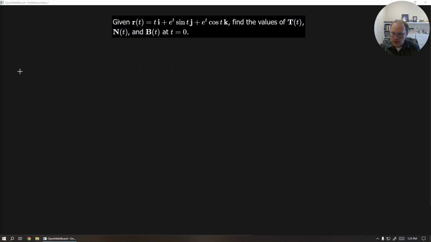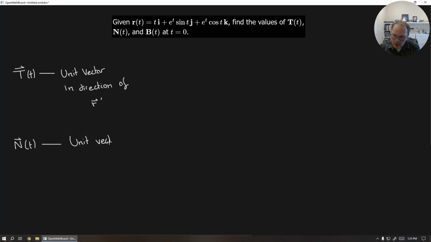Okay? So remember, the unit tangent is the unit vector in the direction of r prime. The unit normal is the unit vector in the direction of r prime cross r double prime cross r prime.